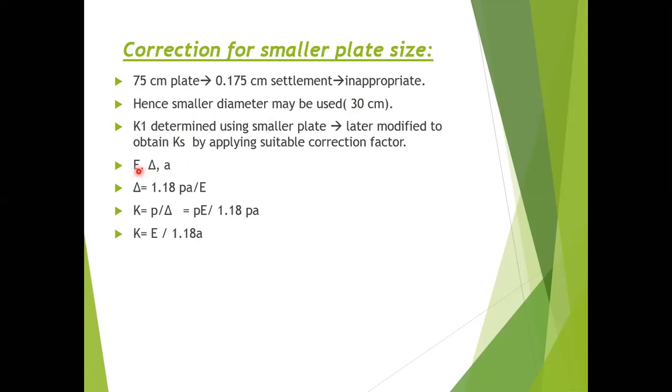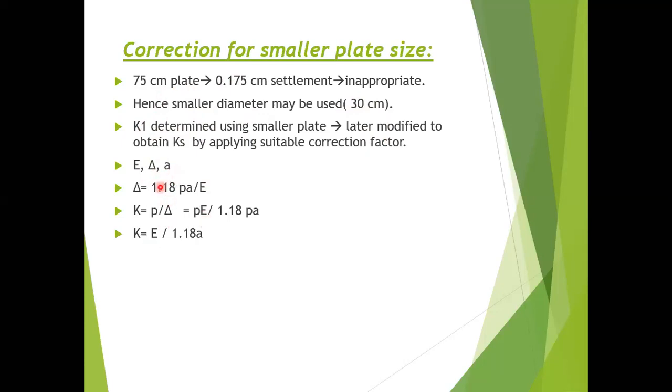E means modulus of elasticity, that is capital E. Delta means deflection or deformation, which will be in centimeter. And small a means radius of the plate. For the 30 centimeter plate, 15 is the radius, and for the 75 centimeter plate, 37.5 centimeter is the radius. Or you can call it diameter only.